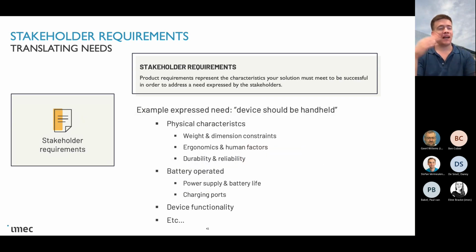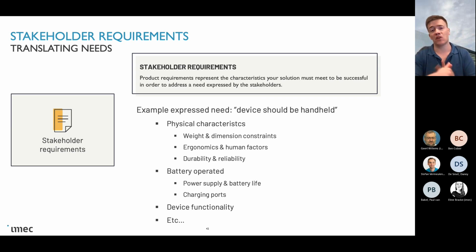I made an example, I already used it. An expressed need, for example, could be that the device should be handheld. I might have better used the smart coffee machine, but this handheld is a good one because it has a lot of repercussions for a lot of aspects of, let's say, that device. It has physical characteristics going from weight and dimensions.